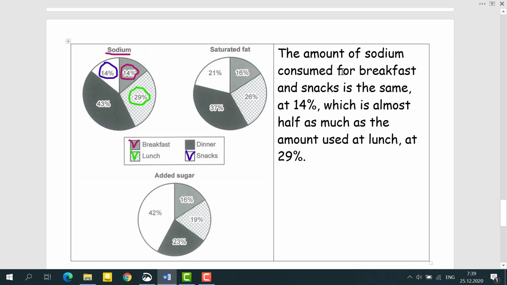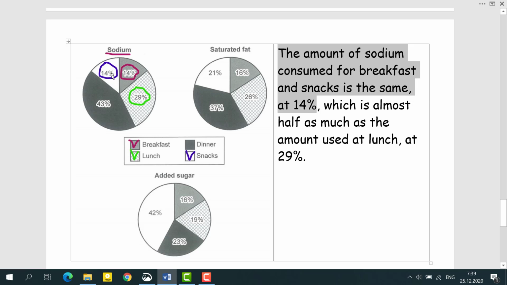The amount of sodium consumed for breakfast and snacks is the same, at 14%, which is almost half as much as the amount used at lunch, at 29%. So here I'm looking at sodium consumed for breakfast and snacks, which is the same at 14%.